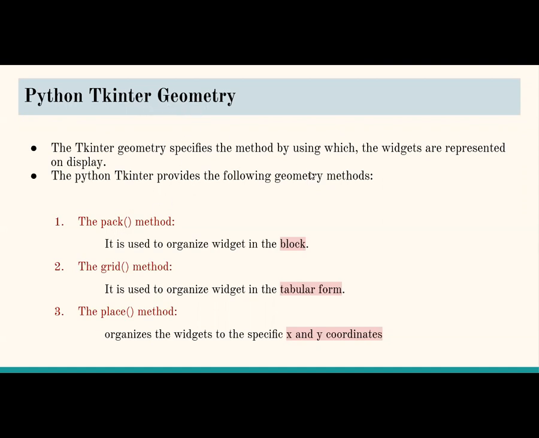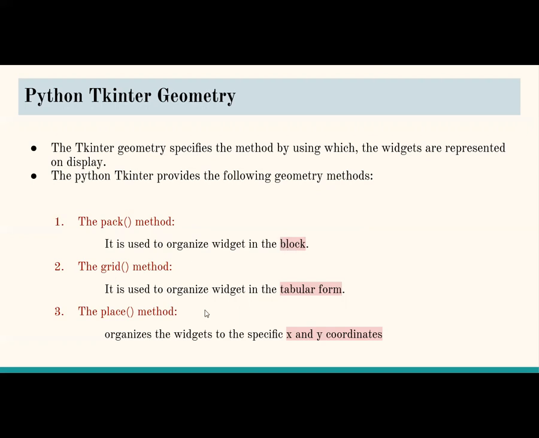Some geometry methods are mentioned over here. First is pack, second is grid, and third one is place. You can use any of the methods to display or represent the widget on a window. Very first is pack, which organizes the widget in a block.